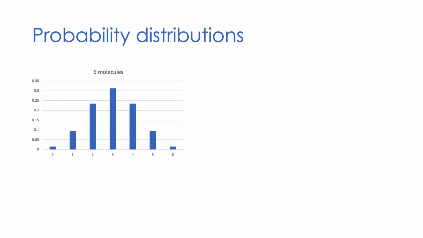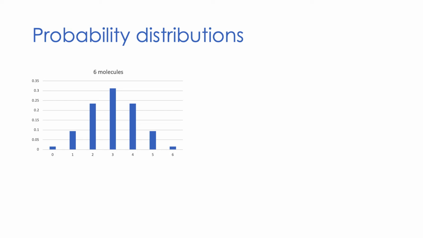So with that, we can then talk about probability distributions. Here's an example. I show the probability distribution as it looks for the case of 6 molecules. We're starting now to increase the number of molecules. Now that we have a bit more mathematical and formal description of the system, we can start making it a bit more complicated.